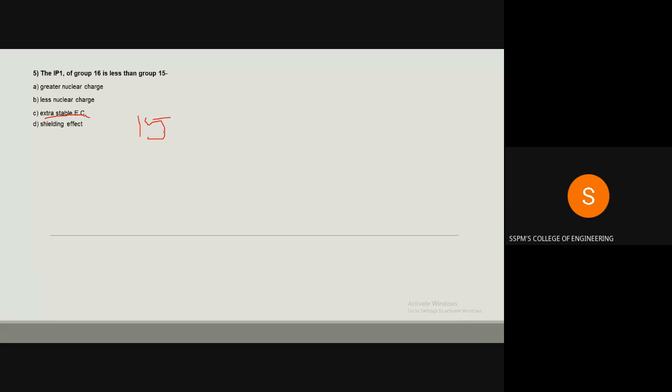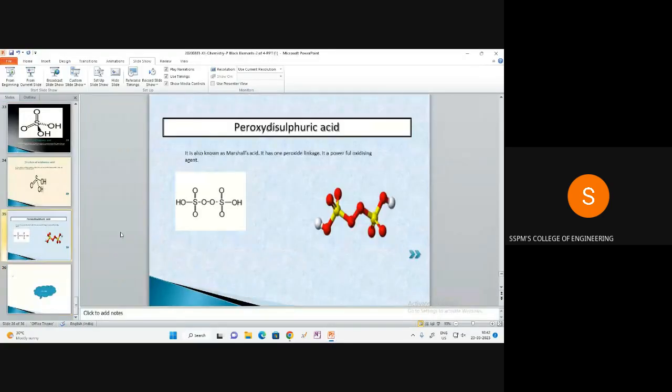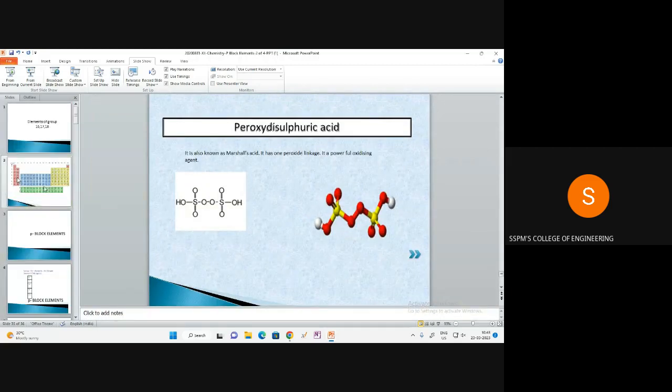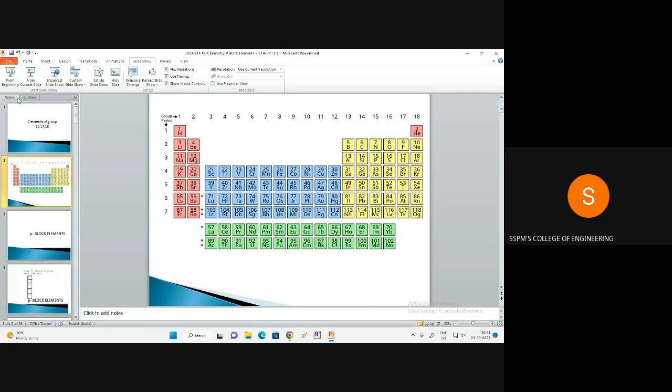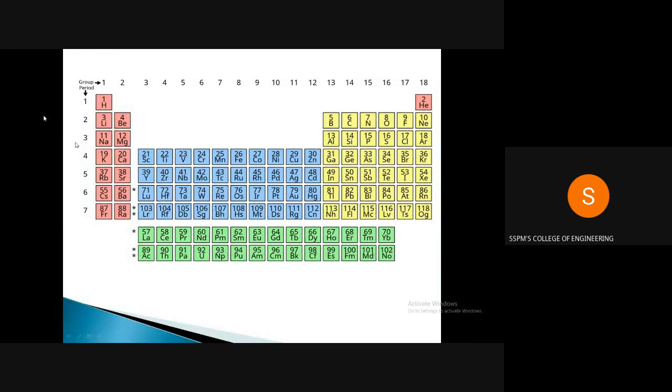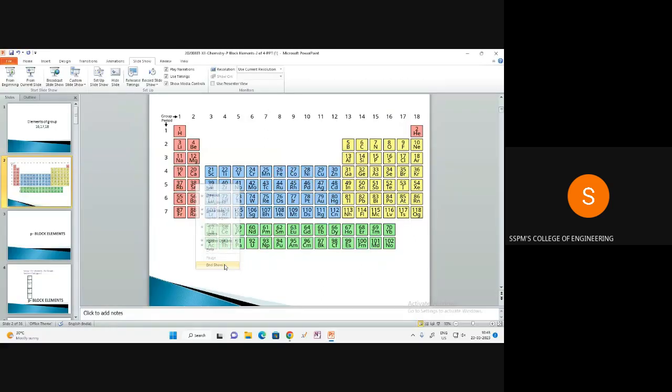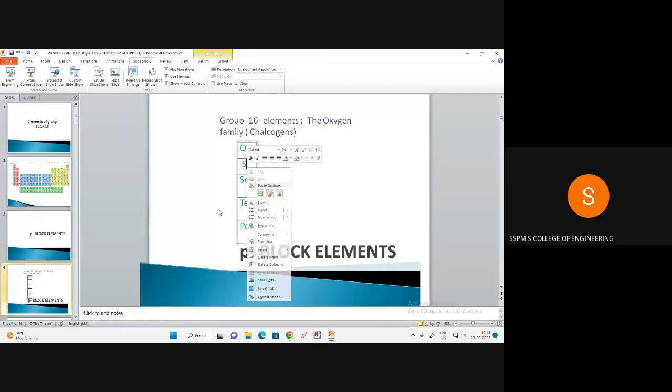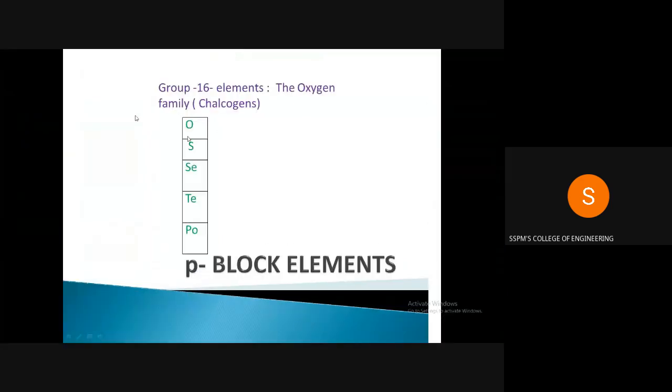Then, the electron gain enthalpy of sulfur is greater than oxygen because of the smaller size of sulfur. Is it correct or not?